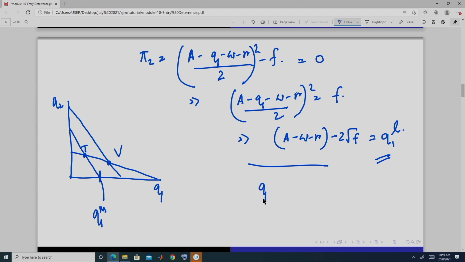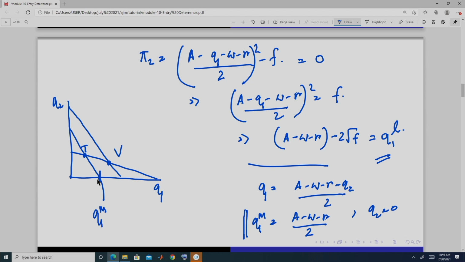So, Q1 is it is this here. Now, Q2 is equal to 0. So, Q1m is it is this. So, this is the monopoly output. This is the limit output.